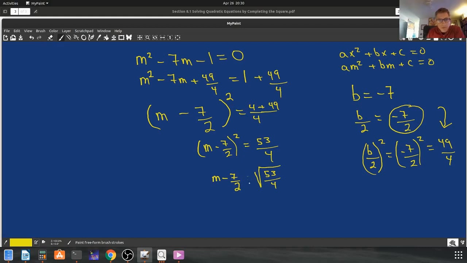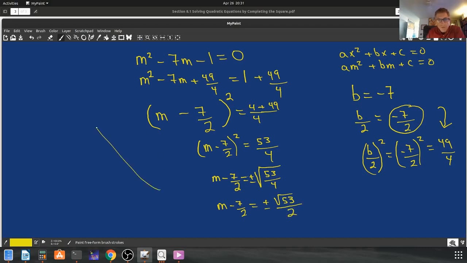Always remember to write your plus or minus. So that means m minus 7 halves is equal to plus or minus the square root of 53 over the square root of 4, which is just 2.